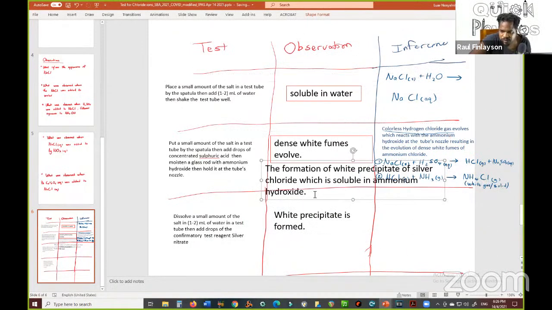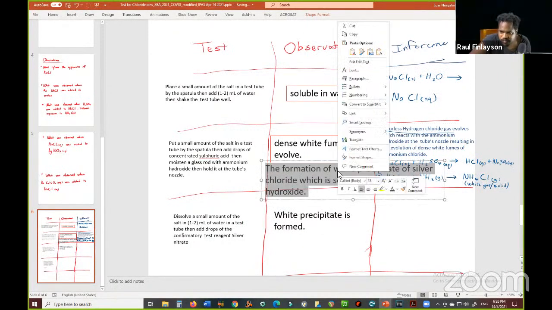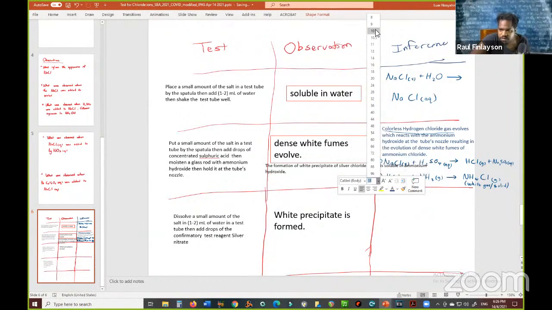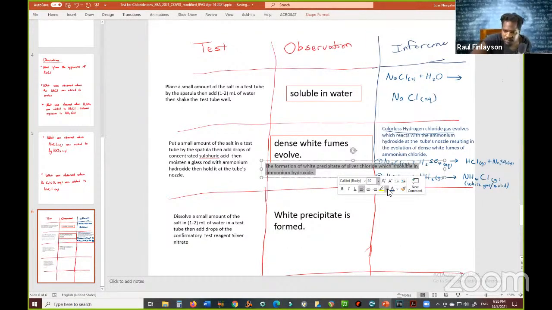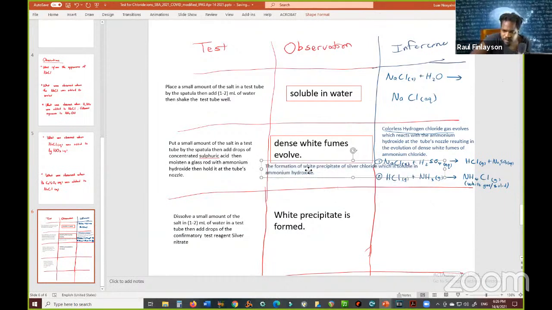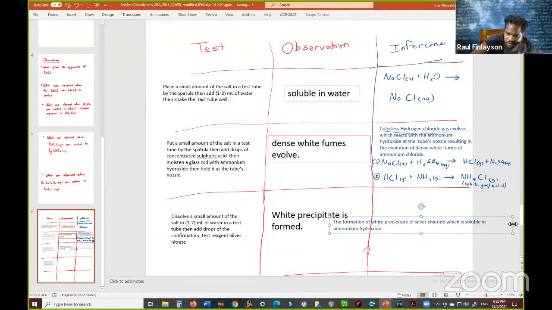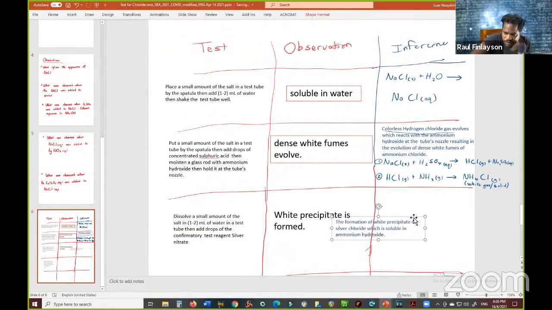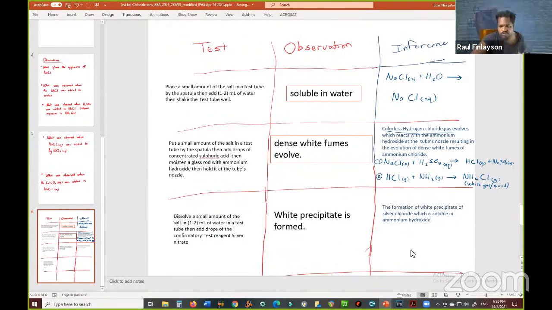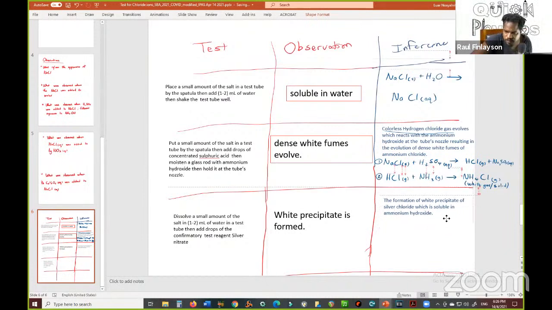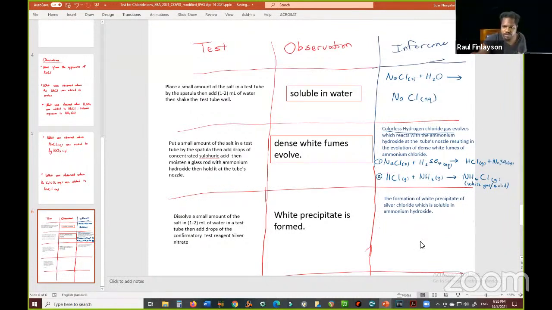All right, change the font size here, and we have blue, and we'll just drag this in some more. Formation of white precipitate of silver chloride, which is soluble in ammonium hydroxide.